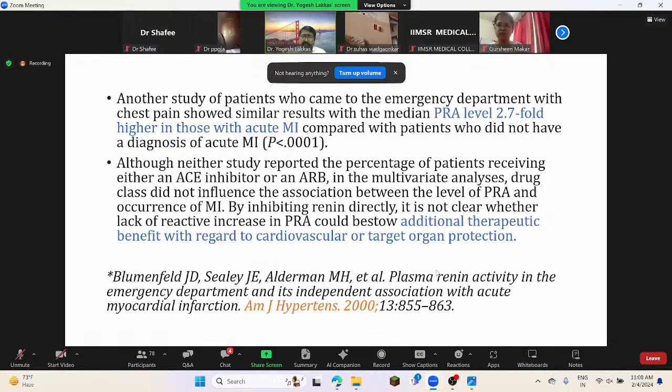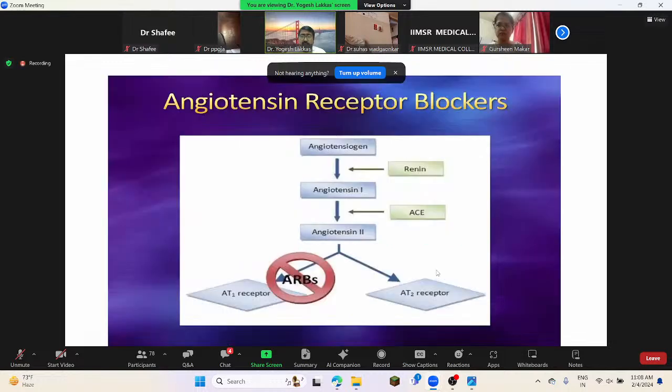This is one of the important therapeutic aspects that everyone has to know, and we will be using it clinically in patients. It reduces plasma renin activity to a greater extent along with the ARBs.